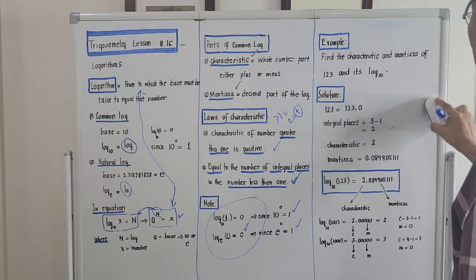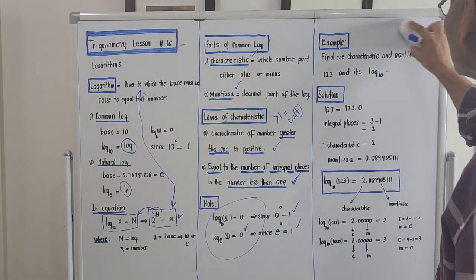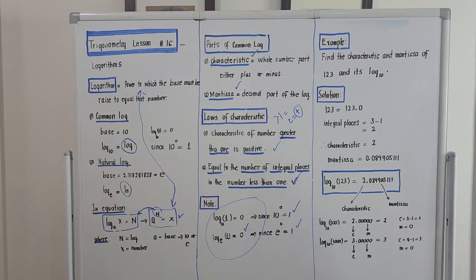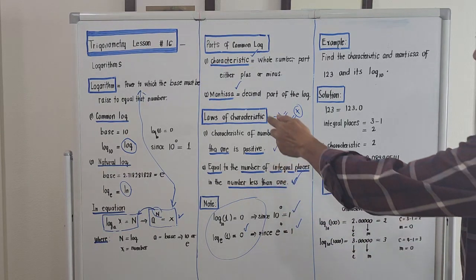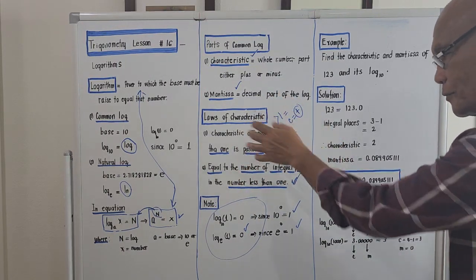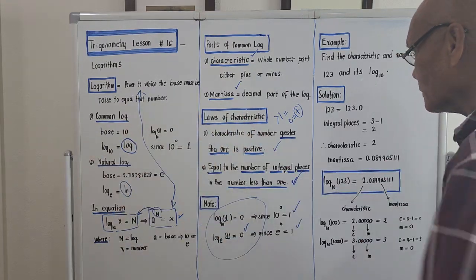Even without using your calculator, you could specify the characteristic of a number. Of course, the mantissa you could not bring out without using the calculator, but for the characteristic, by using these laws of characteristic here, it is equal to the number of integral places in the number less 1. By using this, you could determine the characteristic of any number.